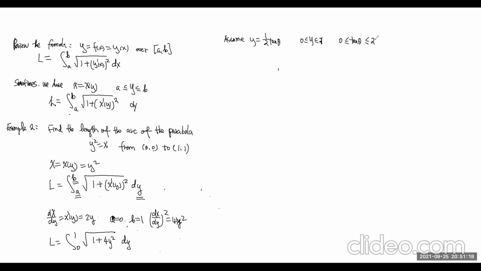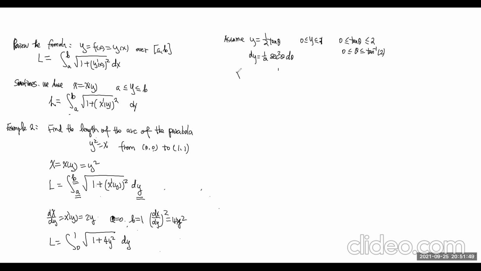I think I'm right. So let's continue to compute this. We have dy is half secant squared d theta, right? We know theta is between 0 and tangent inverse of 2.